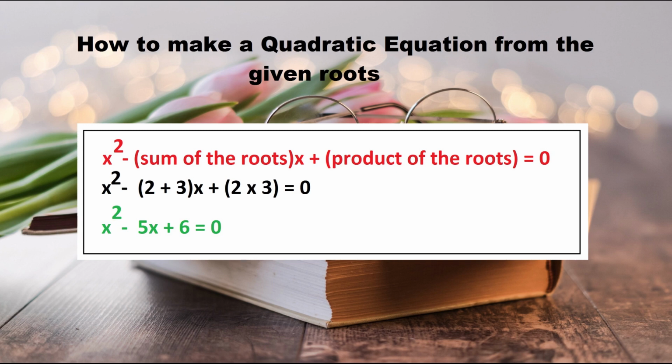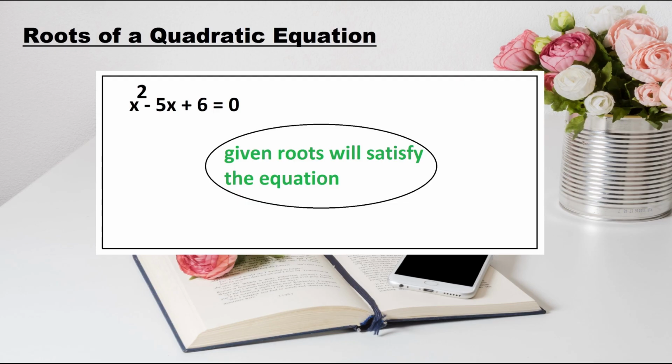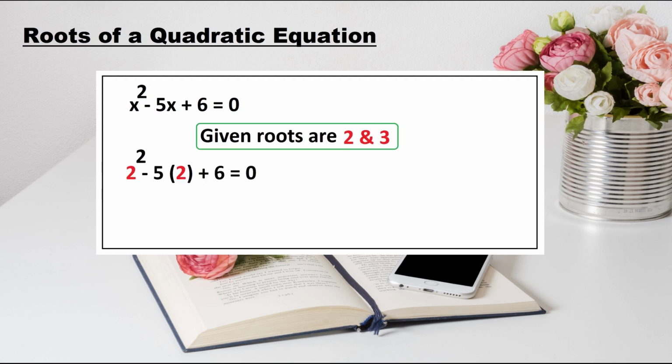Now, according to the condition I expressed at the start of this video, these roots will definitely satisfy the equation. It means if you put the value of x as 2, one of the roots, in the equation, that will satisfy the equation, that is, make the equation 0 equals 0.